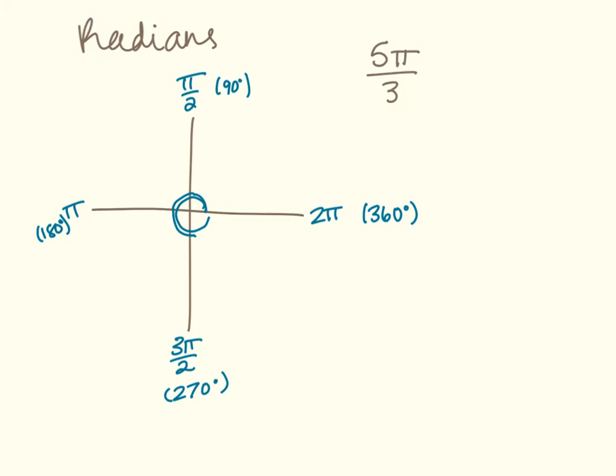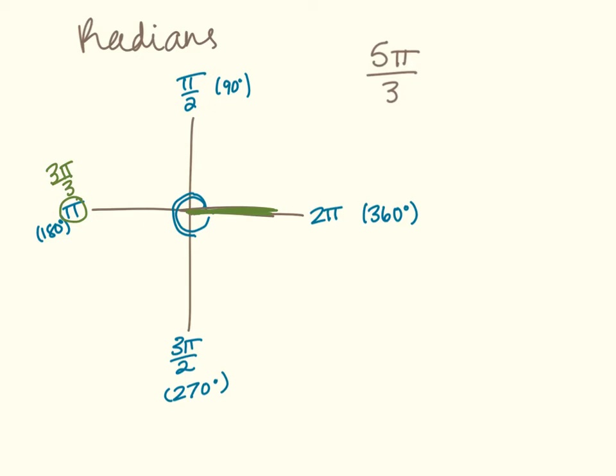We know we start at 0, so our starting side, I'll change colors, will be here at 0, so that's 0 radians. If we're thinking in thirds, over here, a full pi is the same as saying 3 pi over 3, because we're trying to figure out where 5 pi over 3 goes. A full pi is 3 over 3.